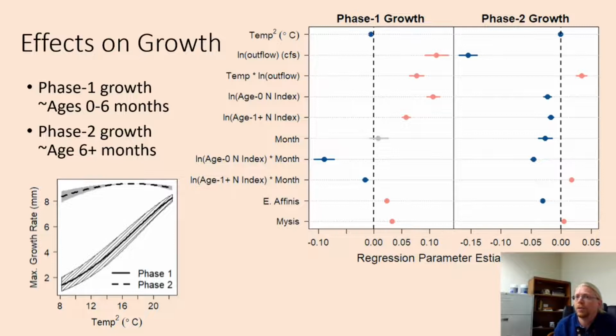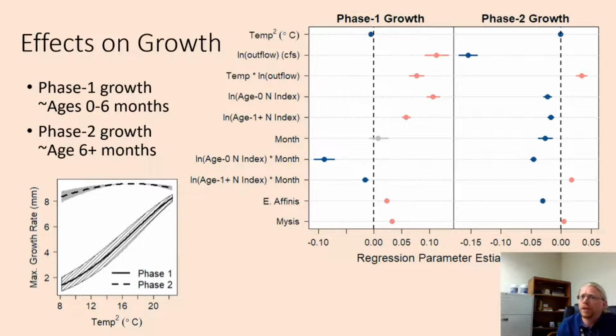The vertical dashed line is 0, so any of our points that have 95% confidence intervals that contain 0 are represented in gray, meaning that they're insignificant. Variables in blue represent negative relationships, and variables in red, this pinkish color, represent positive relationships.